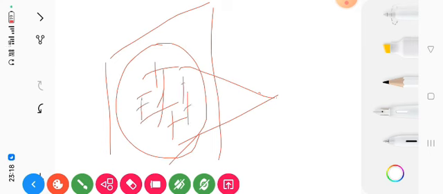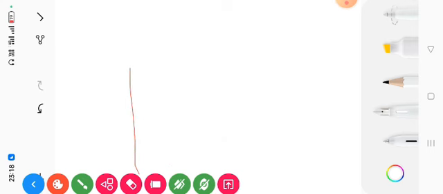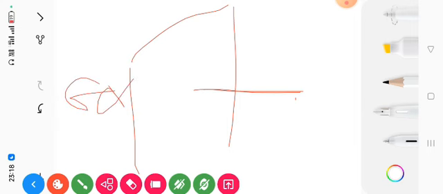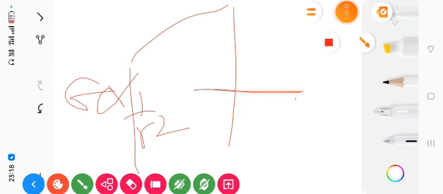But the distance has increased, so the electric field will decrease, since electric field is inversely proportional to distance squared. One factor, the field of view, is increasing the electric field, and the other, the distance, is decreasing it. So one factor compensates the other, and the result is that the electric field will be constant.